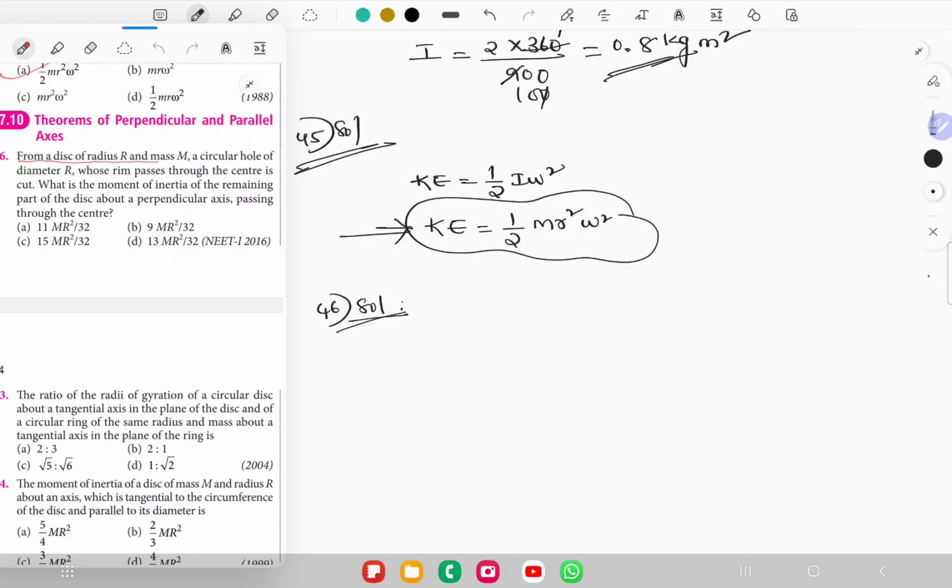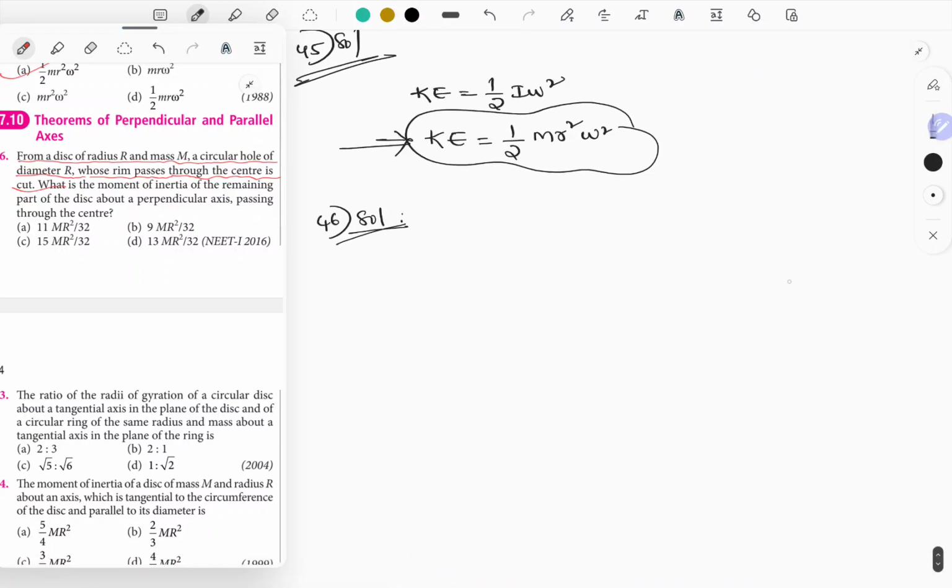from a disk of radius R and mass M, a circular hole of diameter R whose rim passes through the center is cut. Let me represent the diagram. From a disk of radius R and mass M. So let me represent that as a disk.